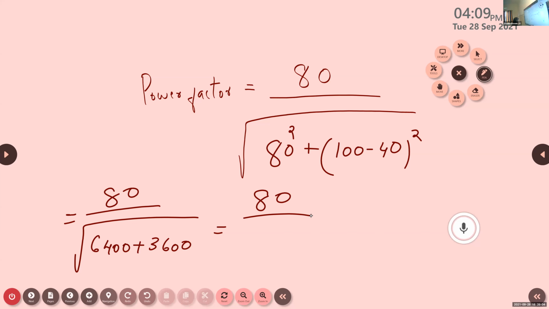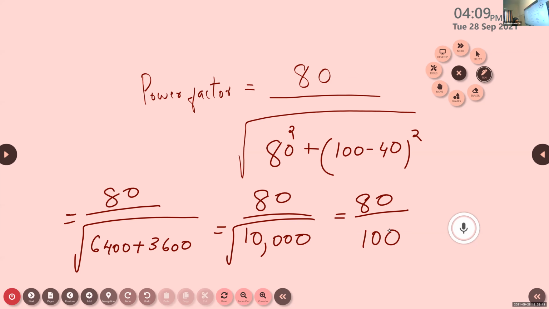That is equal to 80 divided by root of 10,000, which is 10 and 4 zeros. The square root of 10,000 is 100.